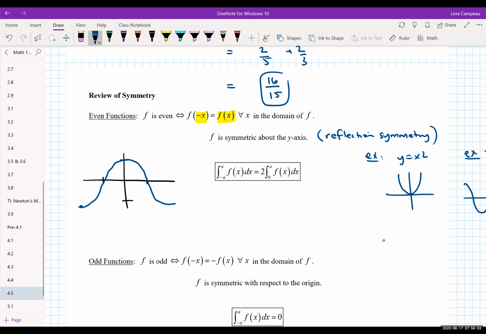So for the most part, I have maybe the integral of cosine from negative pi to positive pi, perhaps.